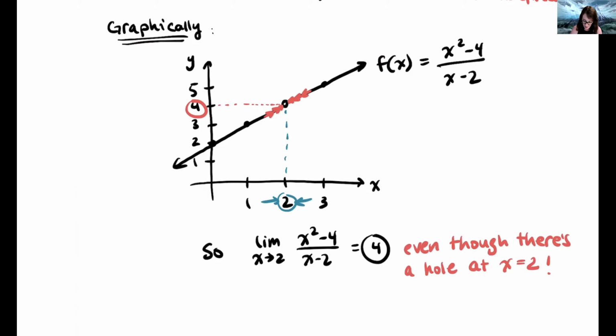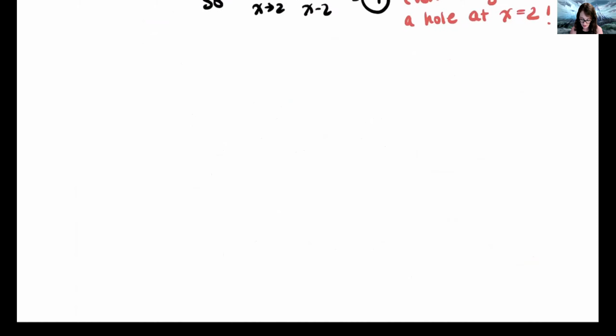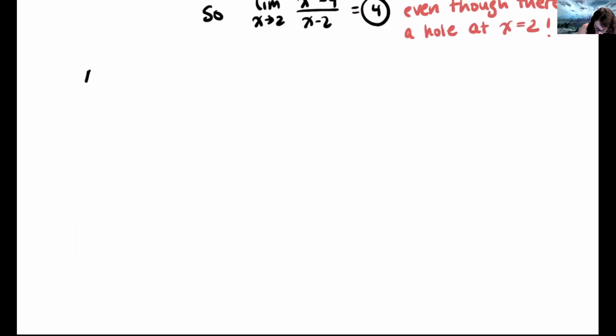Okay, so in this example, we can actually use an algebraic approach as well. Numerical methods and graphical methods and everything, those are nice. But algebraically, when we have a hole in the graph, we can use algebra to remove the hole.